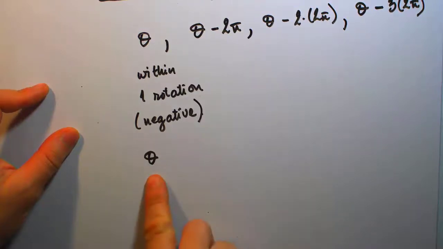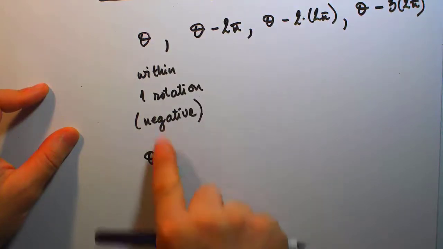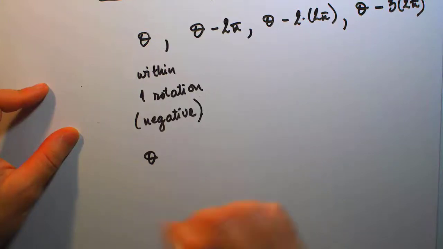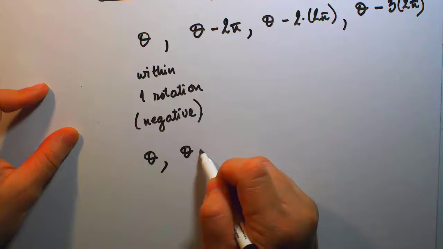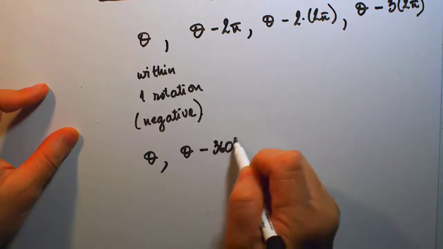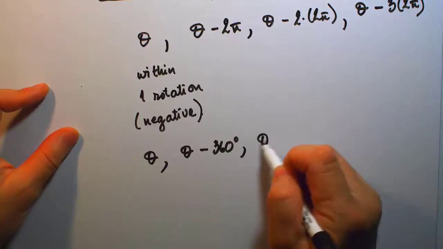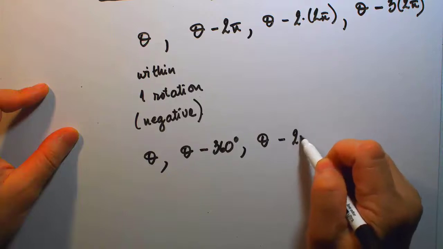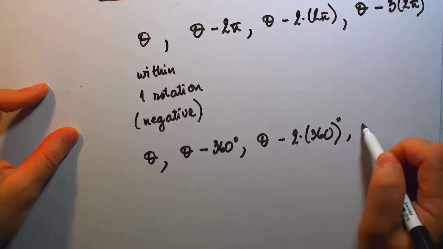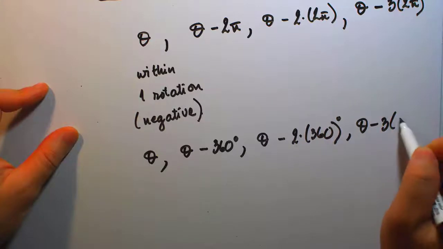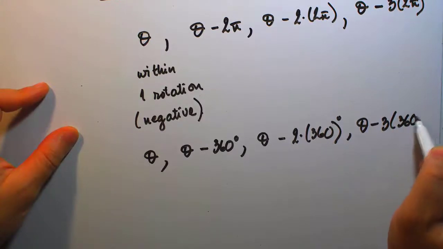Theta, originally within one rotation but a negative angle, and we go theta minus 360, and theta minus 2 times 360, and then theta minus 3 times 360, and so on and so on.